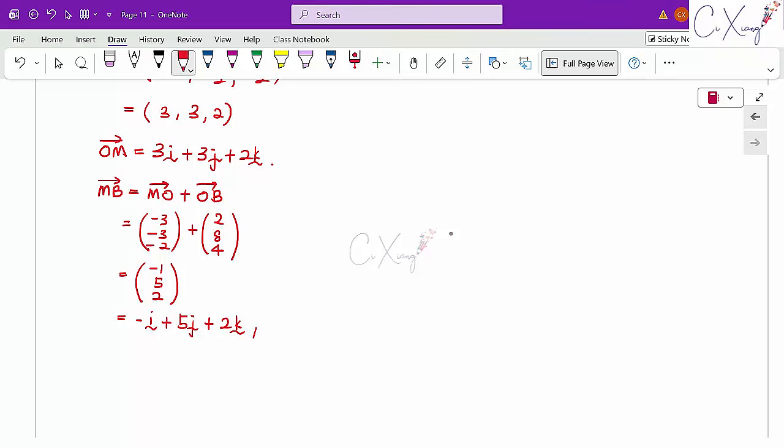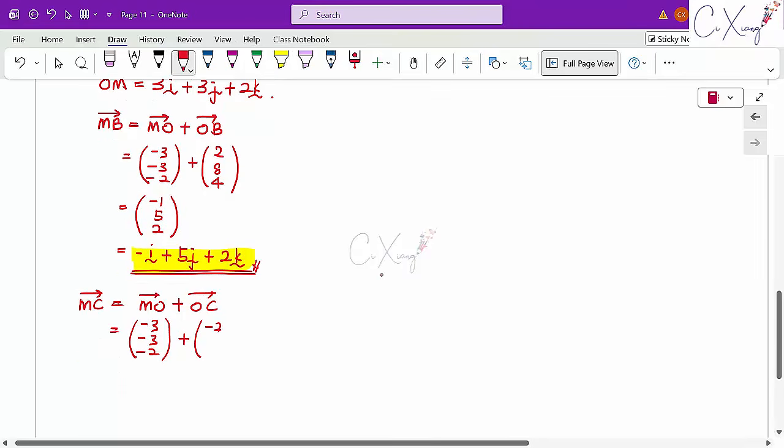Okay, then after that, let's have a look at what they want. They want us to find MC, right? To get MC, you need MO plus OC. Again, my MO is -3, -3, -2, then plus OC. OC that I get here should be -2, 0, and also 6.